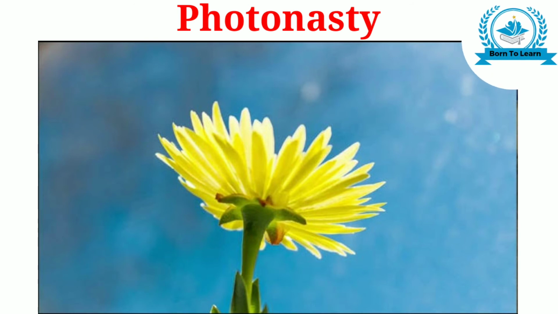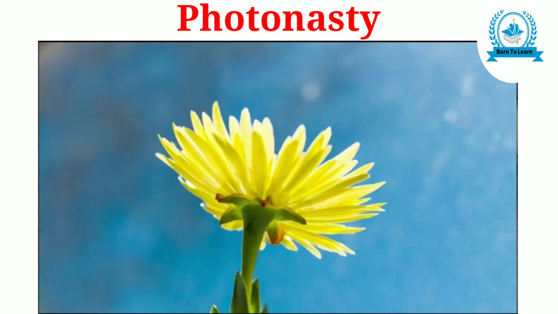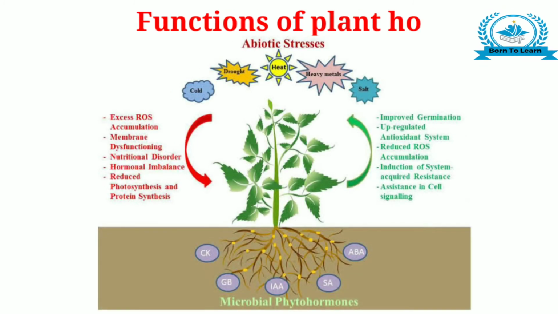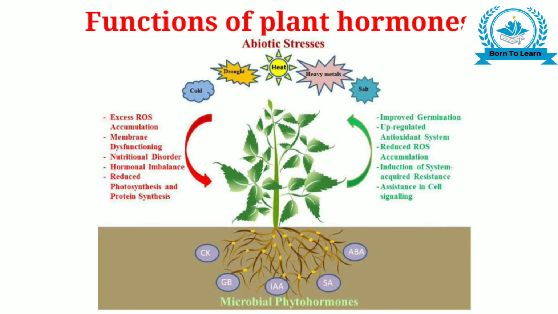Before we end this discussion, I would like to give the functions of plant hormones. The plant hormones or phytohormones regulate many functions in plants. The various functions in plants which are regulated by the plant hormones or phytohormones are: 1.